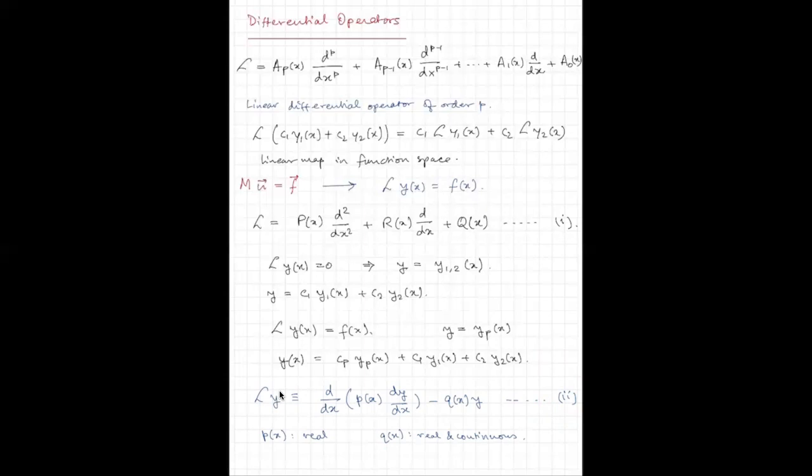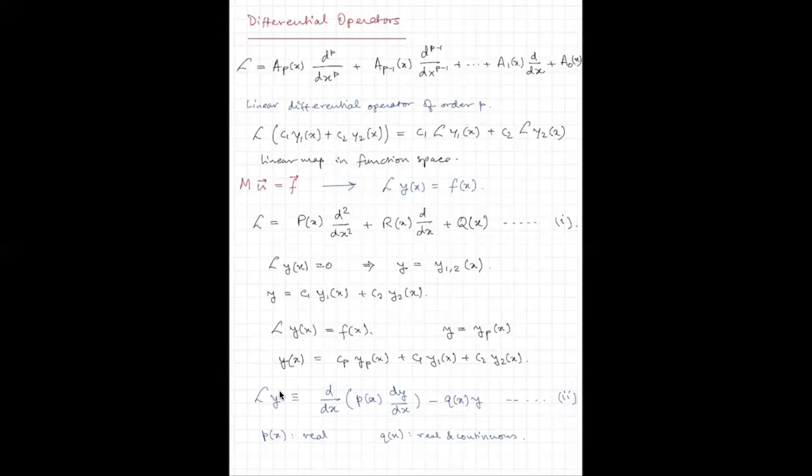For example, you can just divide by p(x) and then show that these two things are equivalent. Okay. All right, this is worked out in the notes for you. I'm not going to be doing this here.